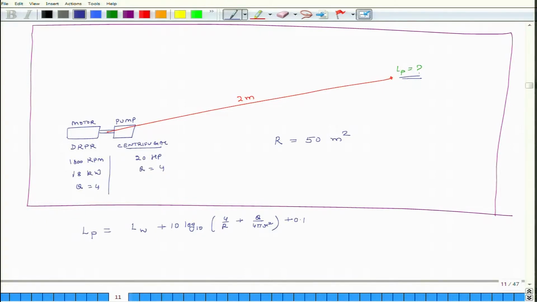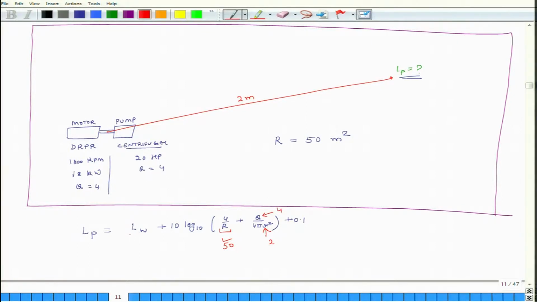In this relation we know R is 50 meters square, we know the little r which is 2, this capital R is 50, and we also know the directivity. It just happens that both machines have the same directivity, so things become easier, and this value is 4.